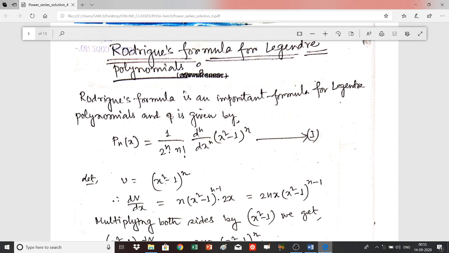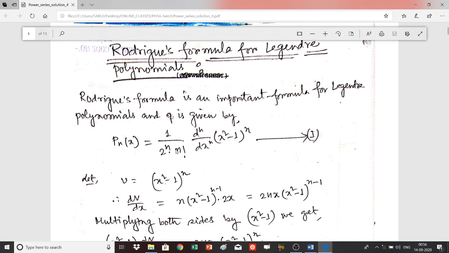For Legendre polynomials, Rodrigue's formula is an important formula, and with it the Legendre polynomials can be found. Here, the Rodrigue's formula for the Legendre polynomial Pn(x) is given by 1 by 2 to the power n into n factorial, then d to the power n by dx^n into (x square minus 1) to the power n.